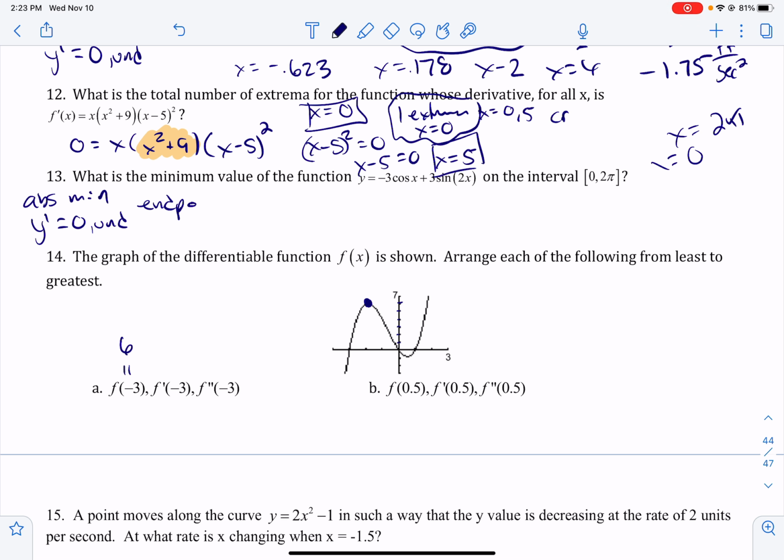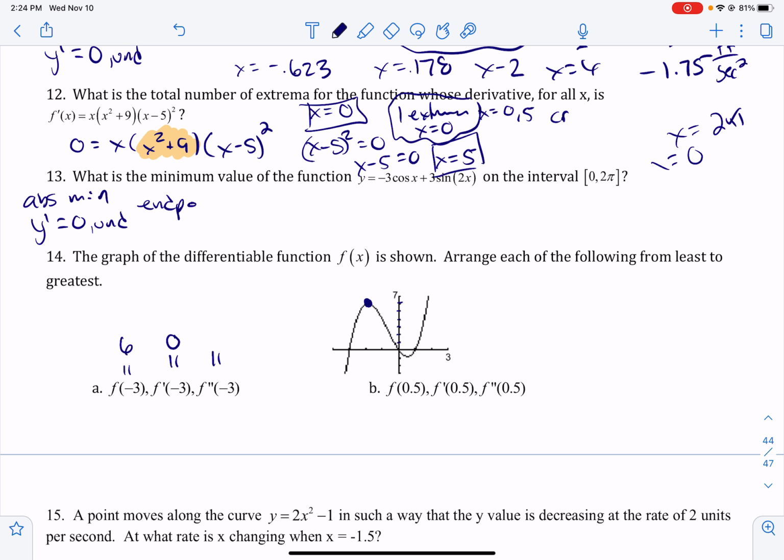The derivative at negative 3. So my slope at negative 3, remember derivative represents slope. So my slope at negative 3 is actually 0 because that's a maximum. So I have a slope of 0 at f prime of negative 3. F double prime of negative 3, well, f double prime is my concavity.